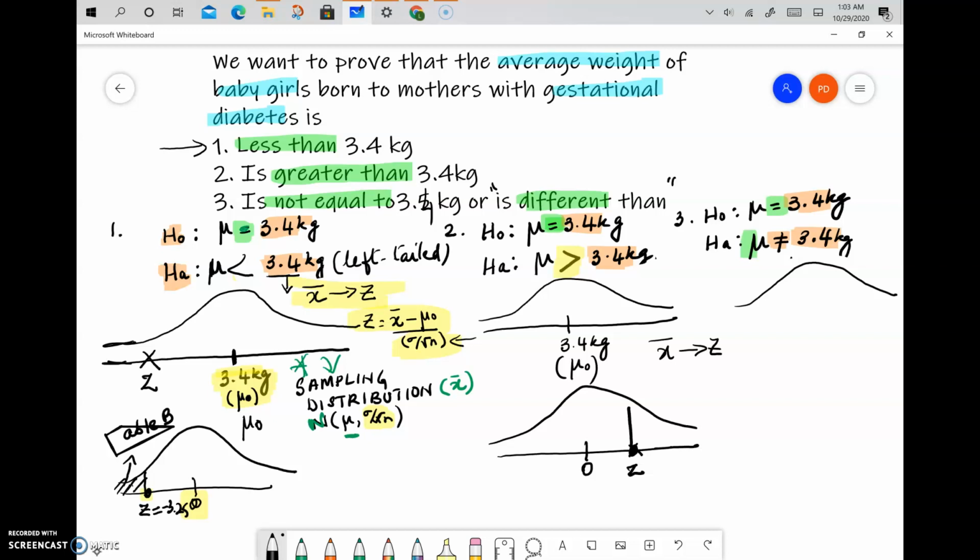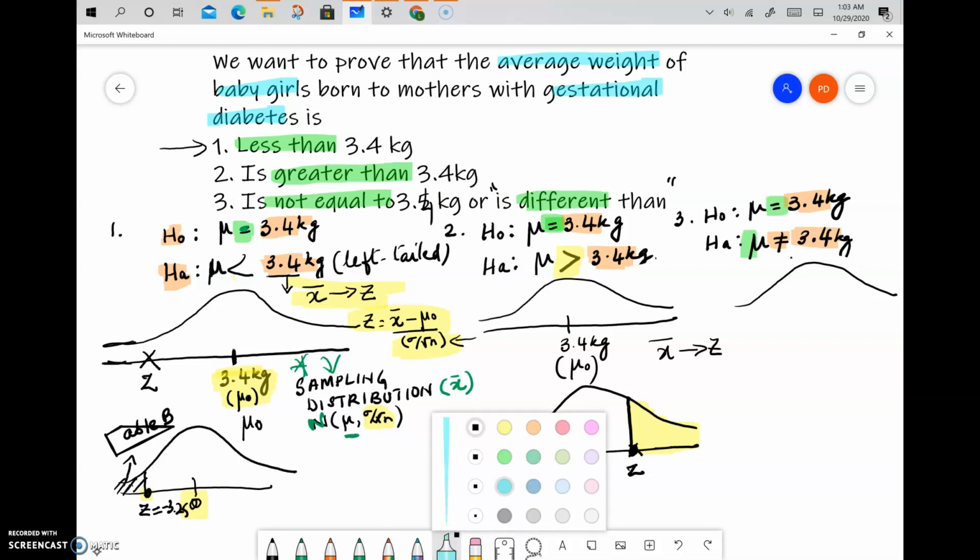And now we draw a line here. The area that we're interested in, which is called the p-value, is the area to the right of it. And that's the p-value. How do you find the area to the right of it? The table gives you the area to the left.